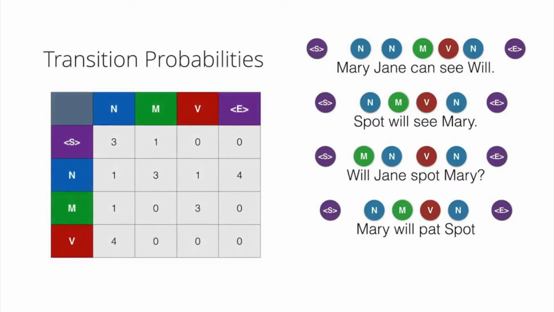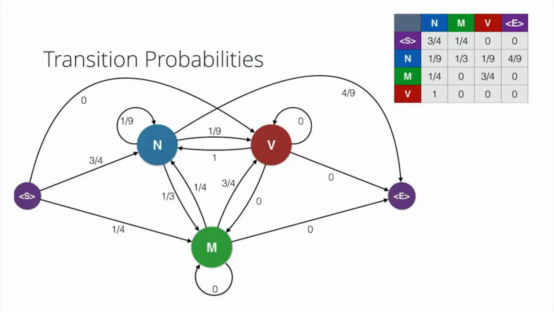So start was followed by a noun, and only once was the start followed by will. Then we go with noun. How many times was noun followed by a noun? Just once, when we can see Mary Jane can see will, that noun was followed by a noun. We create data in which we have how likely it is that one part of speech is followed by another part of speech.